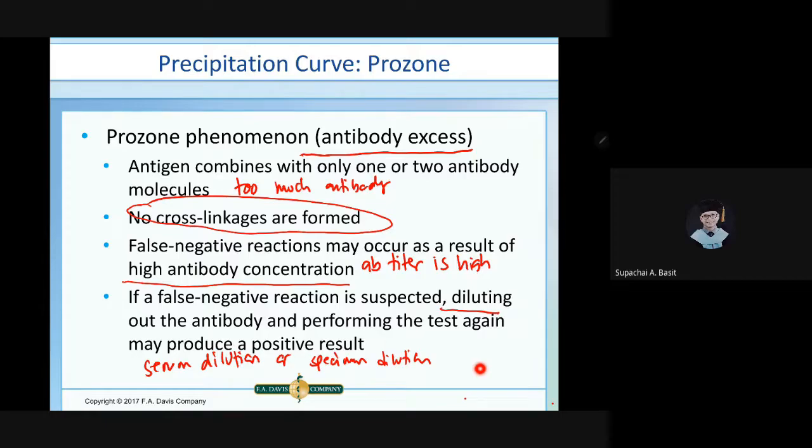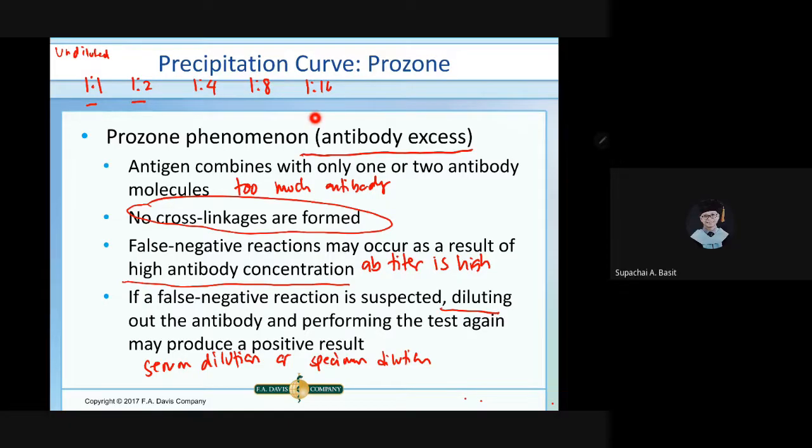Okay, what do I mean by this? For example, you have 1:1, 1:2, 1:4, 1:8, and 1:16 dilutions. When you are doing the 1:1, which is the undiluted, it's negative.